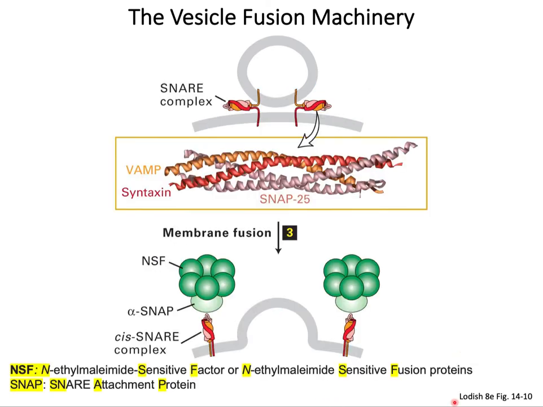Here is a ribbon diagram, which is a little bit larger so that you can see that they intertwine. It is the association of the V-snare and the T-snare and this twisting together that bring this uncoated vesicle right up to the target membrane. And then you have a spontaneous fusion event.